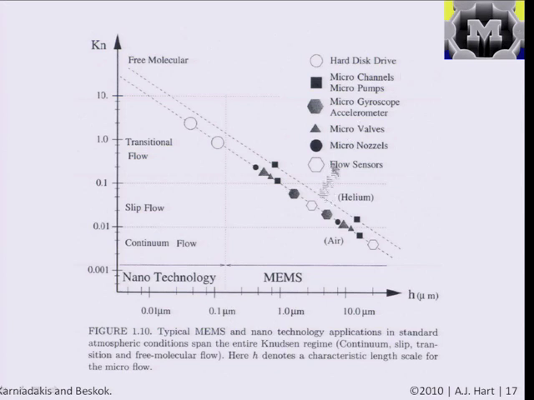This is interesting because it plots devices that process flows, and it shows that a lot of microchannels and micropumps, which are many microns in size, end up in a continuum regime. A lot of MEMS devices dealing with things like valves, nozzles and accelerometers are in the slip flow regime.